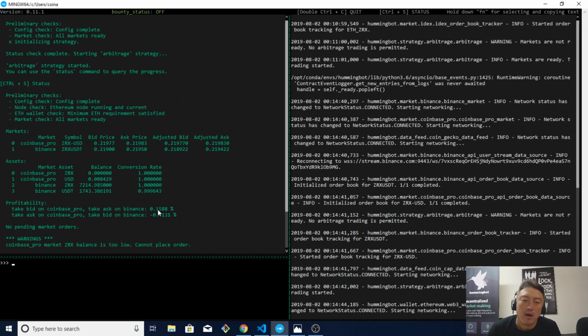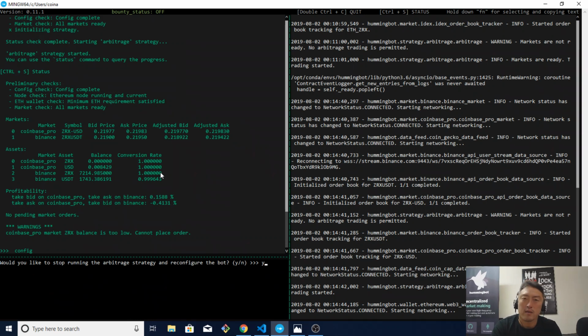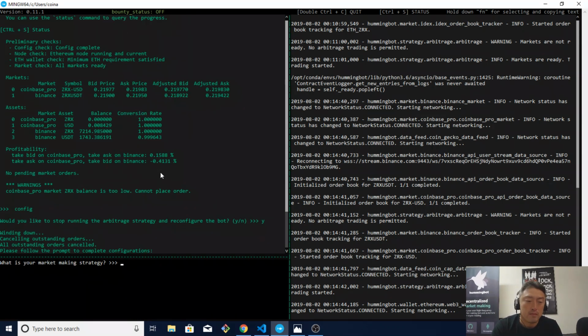That's a very low amount, and so that's why I always set a relatively high profitability, just to make sure that when I do a trade, I'm actually going to make some money. So as you can see, there are these situations where you can have arbitrage, but they're just very rare. So we can look at another market. Let's look at the Radar Relay to Binance market.